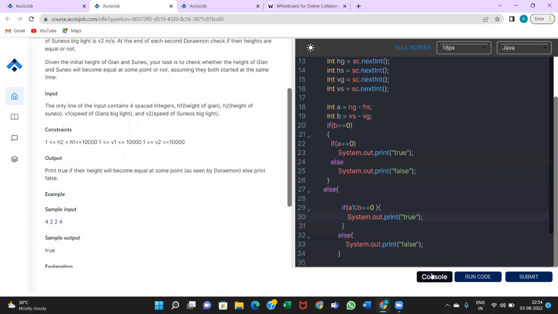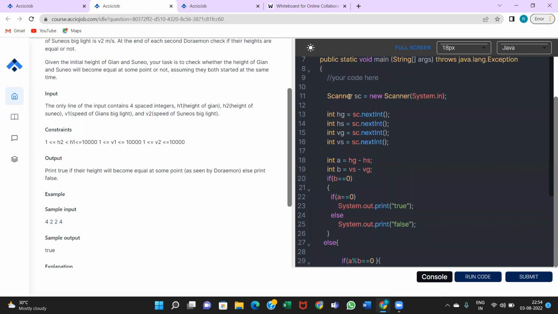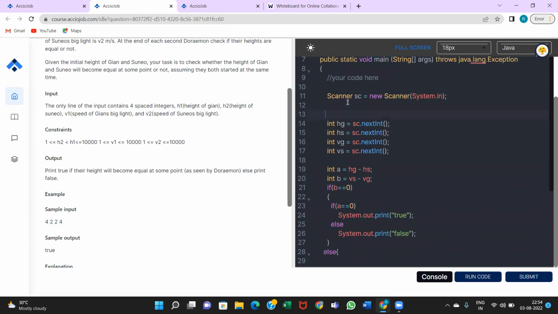See, what we are doing is, let me try to run it for you. What is the input given to us? 4224. Now here you will see the logic is clear. NK83, is the logic clear to you?